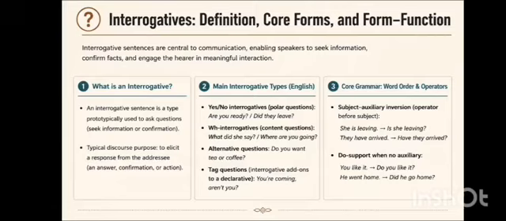Okay, do-support when there is no auxiliary. If a declarative sentence uses a simple present or simple past verb without an auxiliary verb, the auxiliary verb do, or does for third person singular present, or did for past tense, is introduced to form the question.